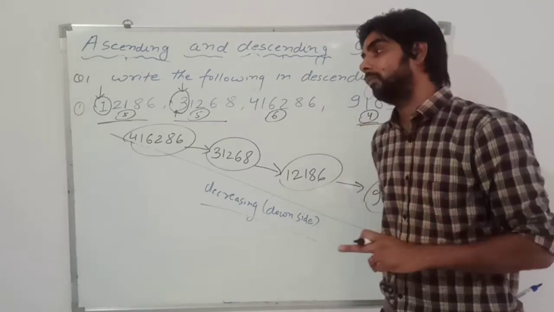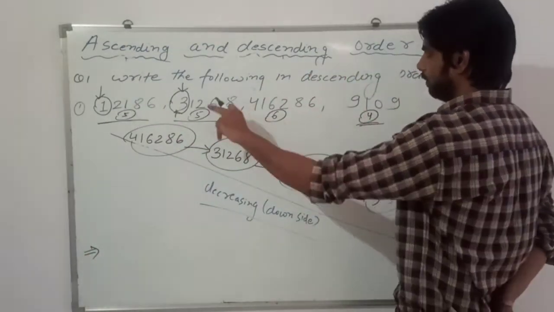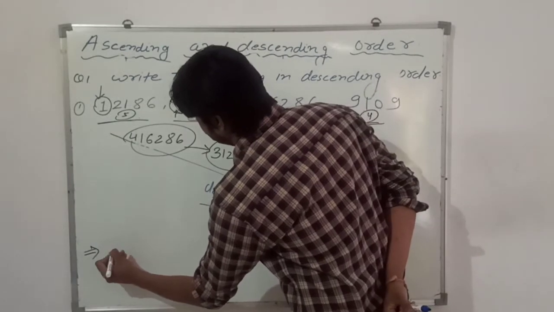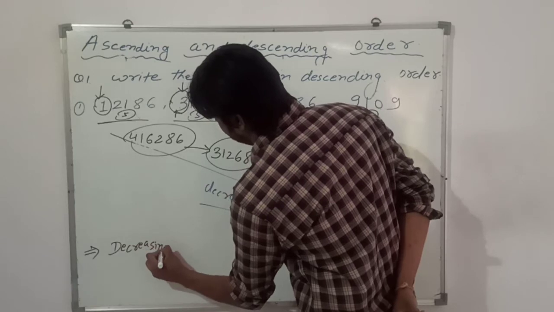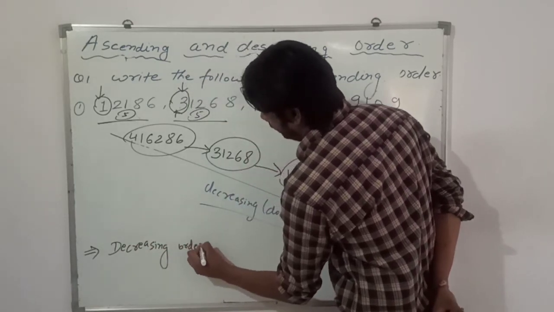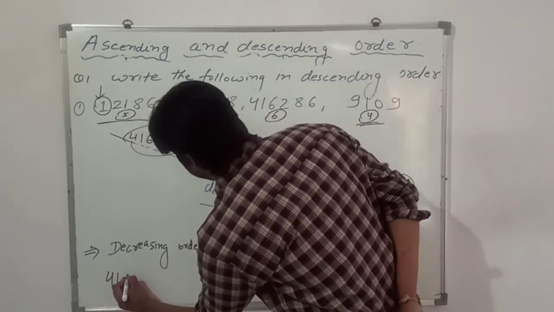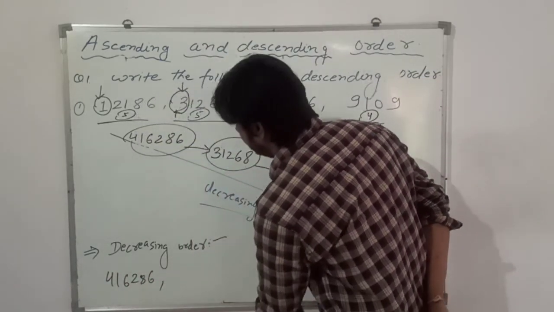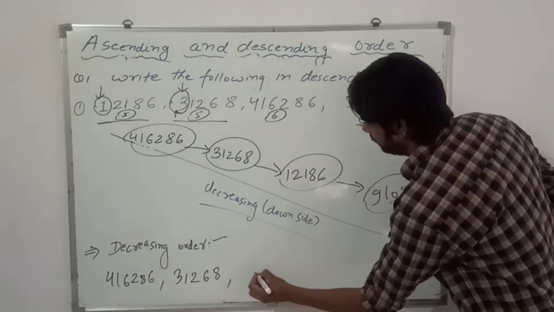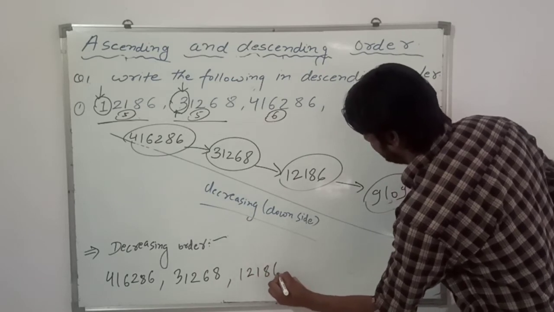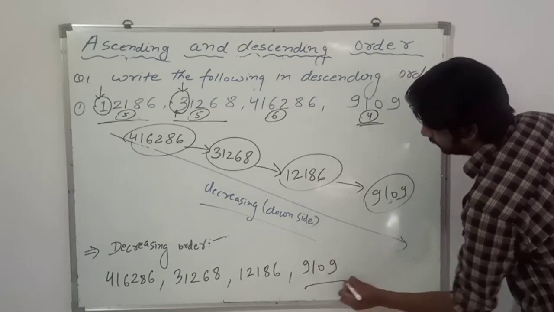In your copy, you don't have to write like this. You have to write in one line. Write decreasing order, put a comma, and then write the numbers: 416286, 31268, 12186, 9109.